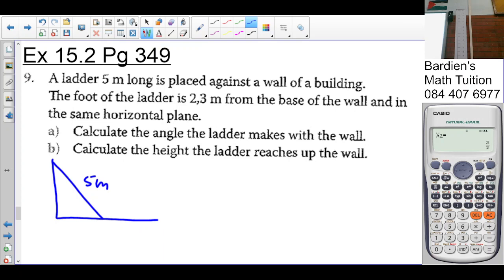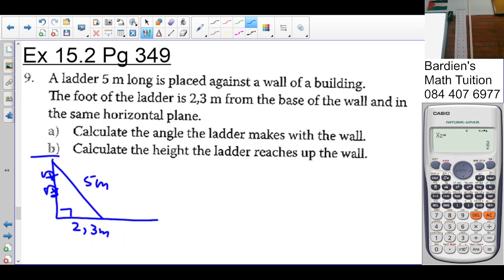The building stands 90 degrees to the horizontal. The foot of the ladder is 2.3 meters from the base of the wall. So that length is 2.3 meters. And in the same horizontal plane.